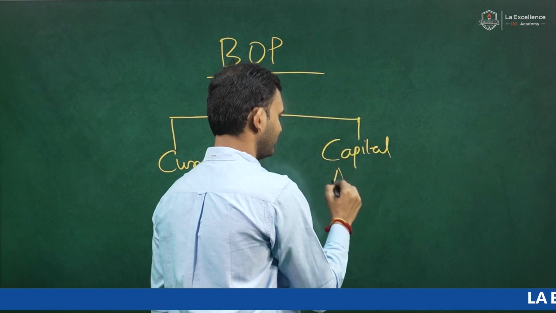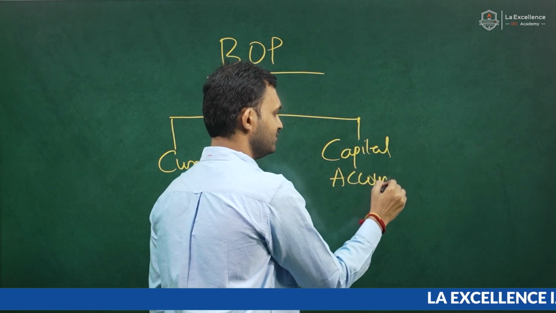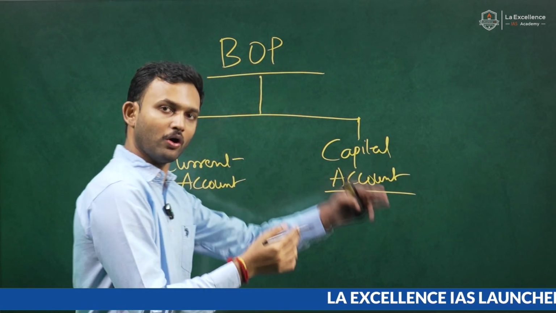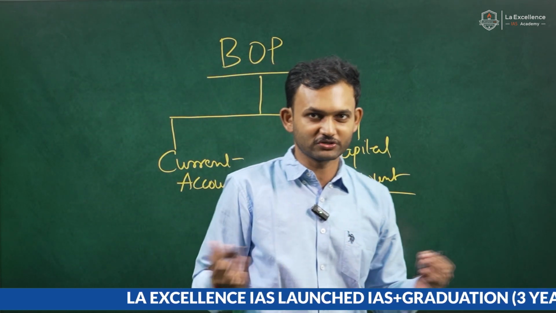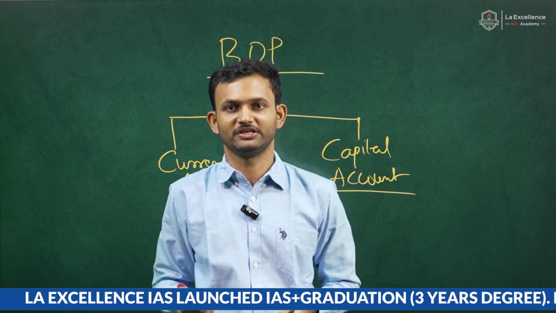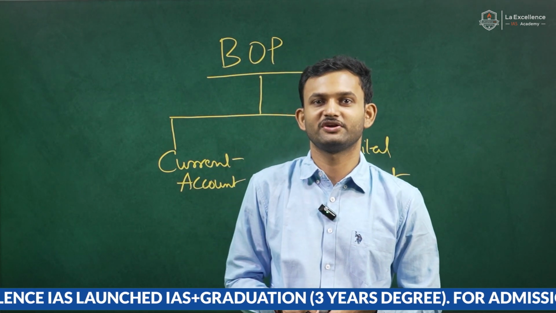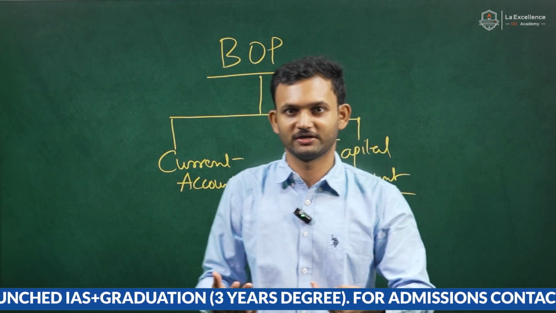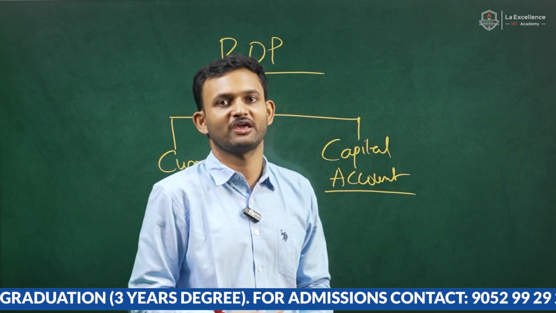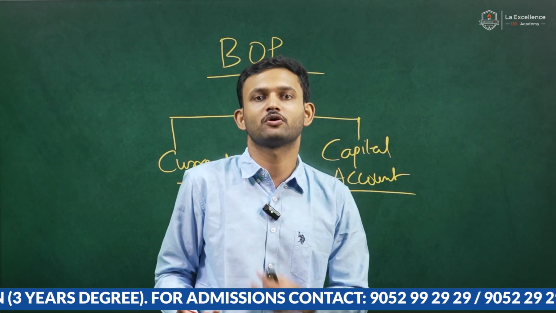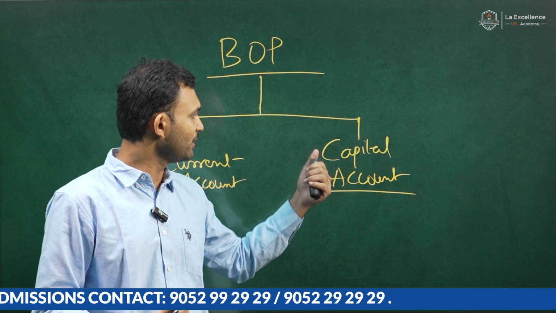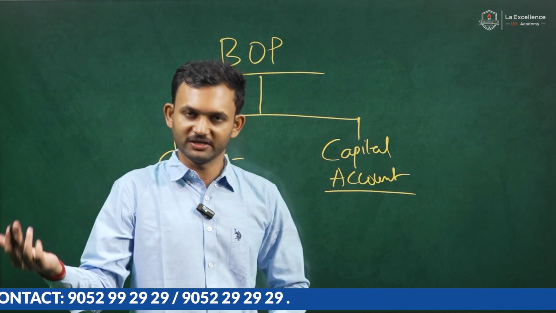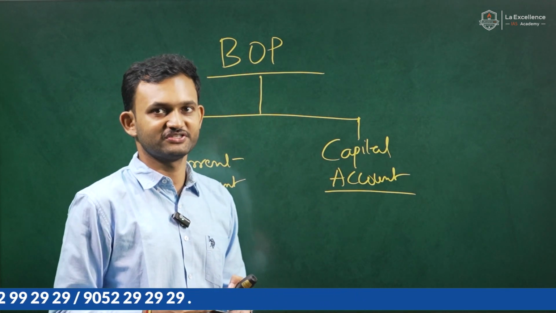Instead of just listing out and remembering all the items that come under capital and current account, which can be an exhaustive list and not easy to remember, let's try to understand the logic behind its classification so that it would be helpful for you to understand this economics better. And these accounts may feature as part of your prelims and mains of the UPSC examination.